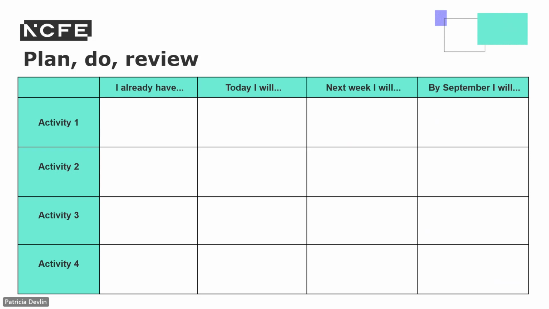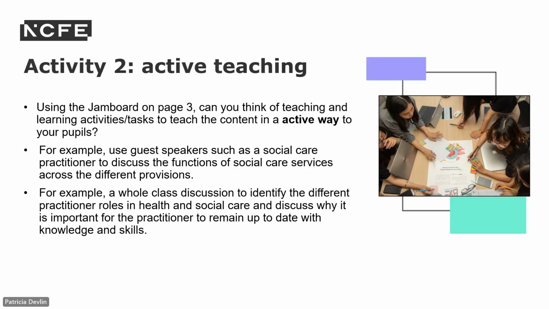Okay, Patricia, should we move on to activity 2? Yeah. So for this activity, I'd like you to all think about the teaching and learning activities or tasks that can enable you to teach the content in an active way to your pupils. So we're going to be looking at the Jamboard on page 3 and using the sticky notes to record answers in the different content areas.